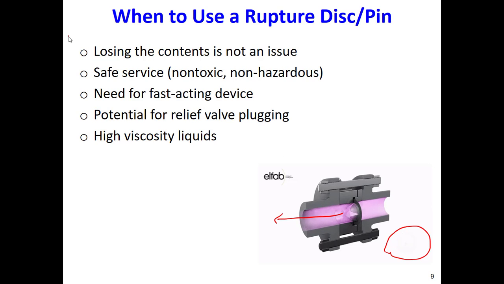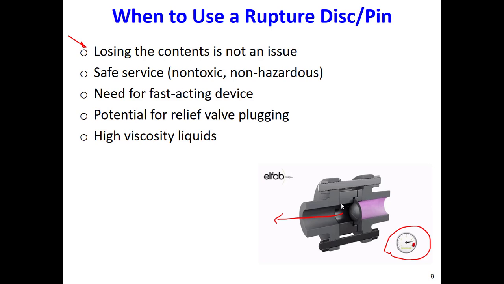First, when losing all the contents is not an issue, is acceptable, because when the rupture happens, it cannot come back to its initial blocked or closed condition. So we might lose all the content or a big amount of material. If for us there is no issue to lose it, that is fine.